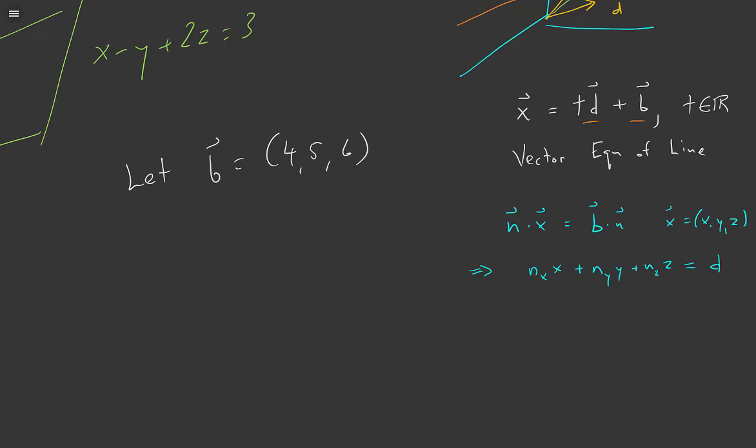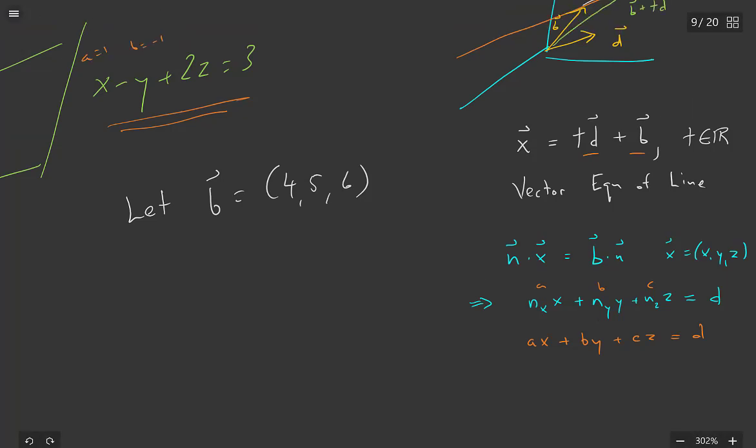We'll call that d. Now if I call those components a, b, and c, then I've got this equivalent expression: ax plus by plus cz is equal to d. That's the more familiar way of writing out the equation of a plane, and that's what we've done up here. Comparing these, we see that a here is equal to 1, b here is equal to minus 1, and c here is equal to 2.